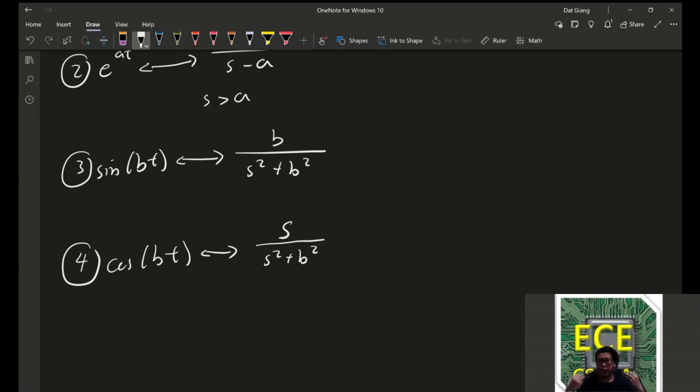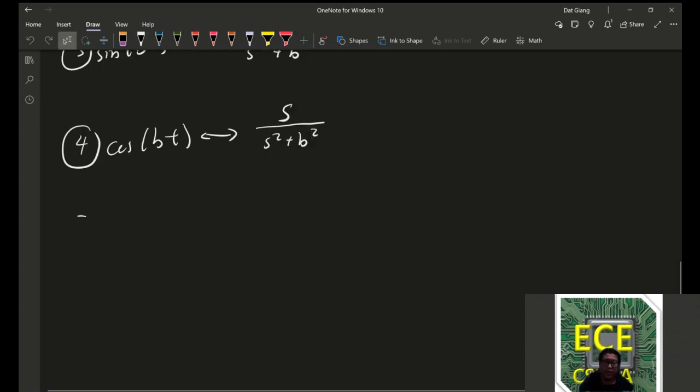Now, I challenge the viewer to prove that these Laplace transforms are true using the definition, to get a feel for why the results are as they are. And then later on, we can just generally apply the different properties, which will be discussed in the next video.